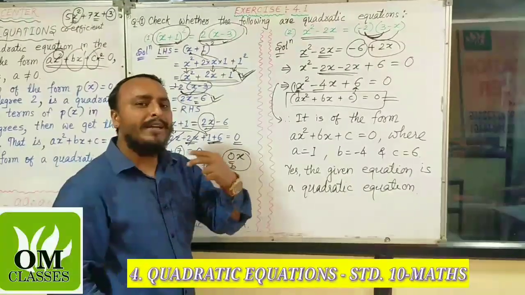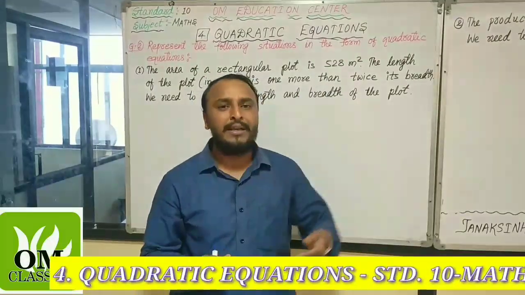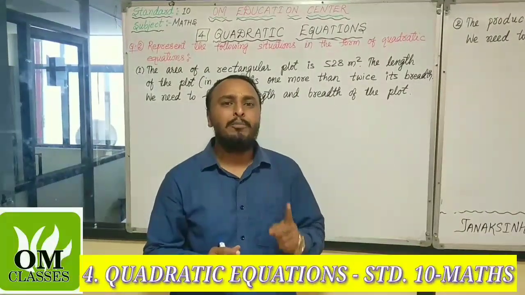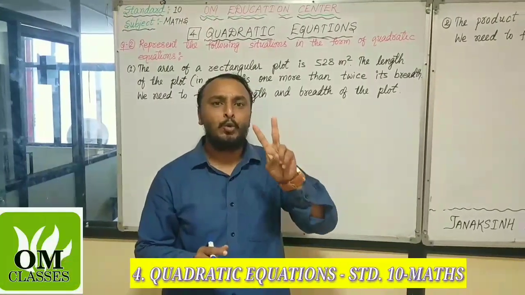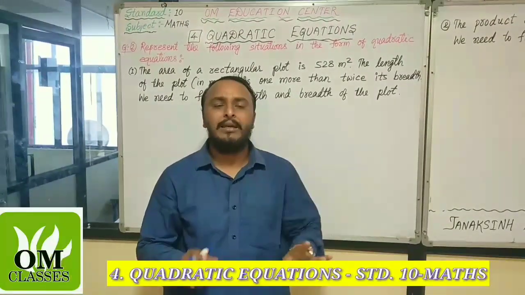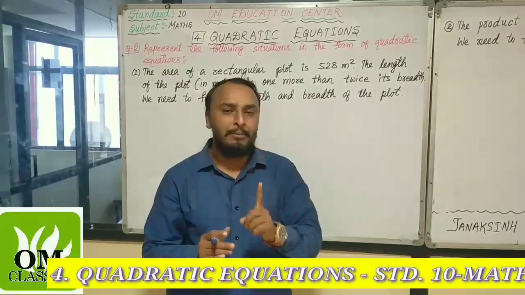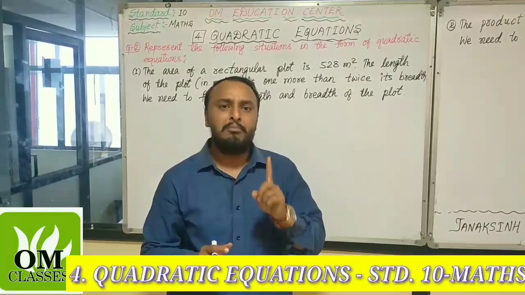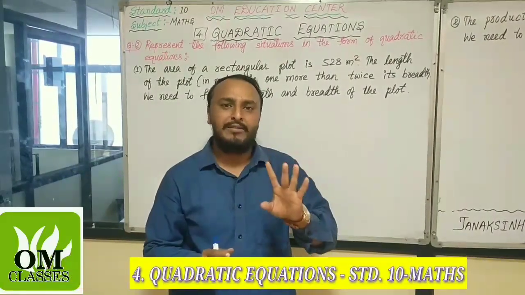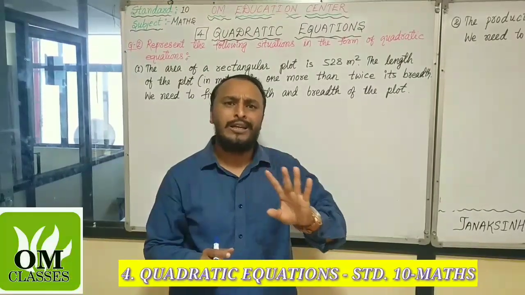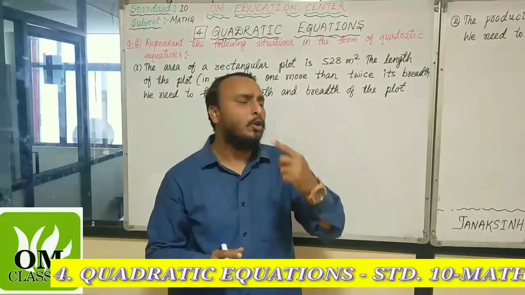Okay, let's move to the next question. We have studied in the beginning that the degree should be in the descending order and maximum degree should be 2. 2 से ज्यादा अगर x की पावर आती है, means it is not a quadratic equation. Remember, quadratic equation means उसकी डिग्री 2 से ज्यादा नहीं होनी चाहिए. x स्क्वायर होना चाहिए या x होना चाहिए, only constant हो तो भी चलेगा, but not more than 2.